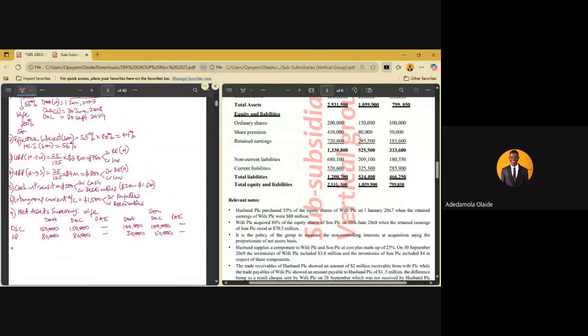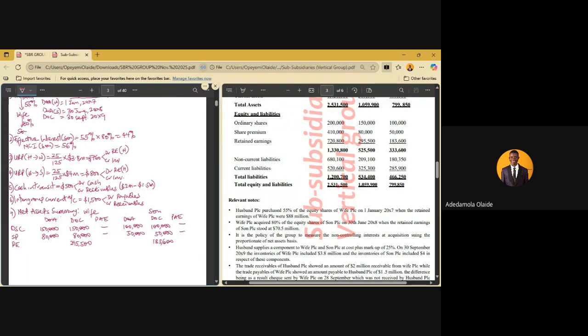Having done that, retained earnings. Retained earnings at the date of consolidation is 295. The one we have in the statement of financial position is the date of consolidation information, while that of date of acquisition, we go to additional information to check.